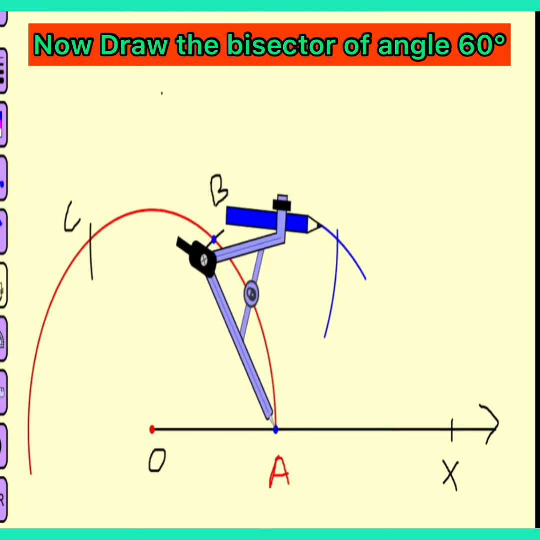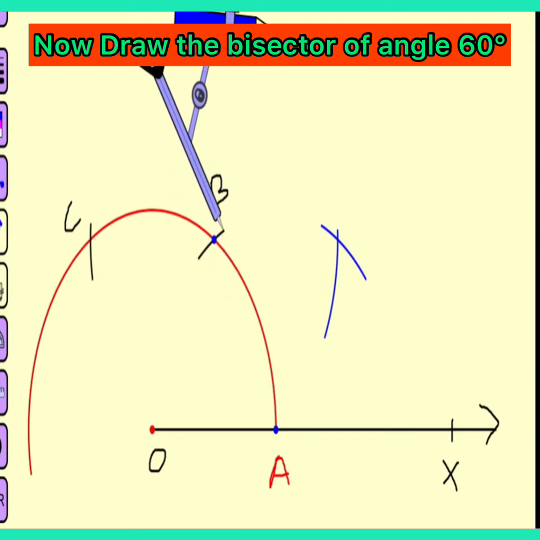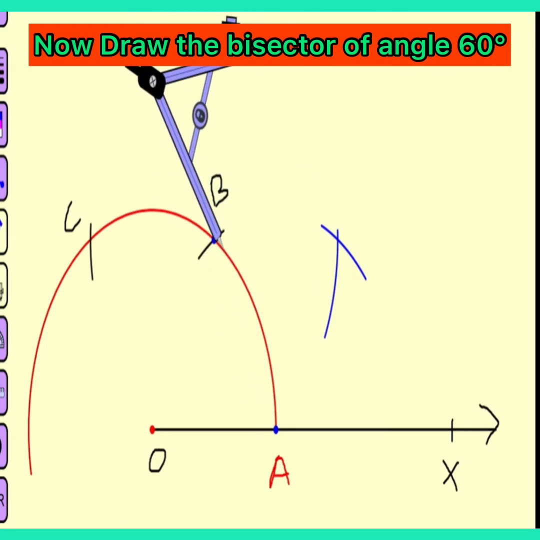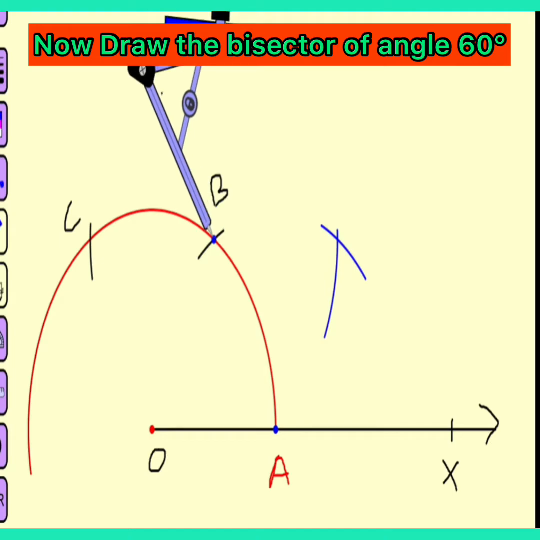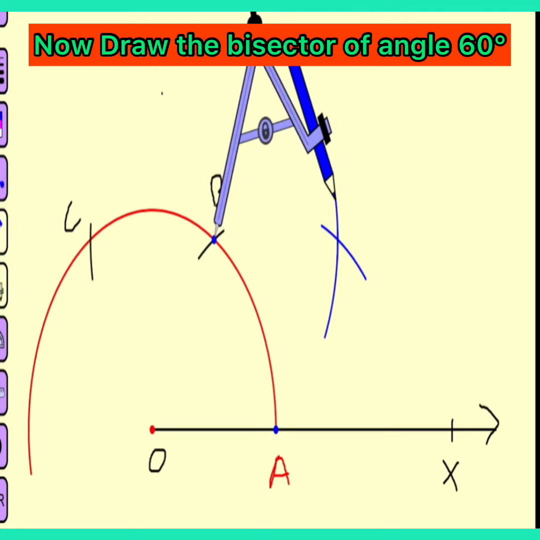This arc intersect at new point. You will place the pointer at B and placing the pointer at A. So you will get intersection of two arcs.